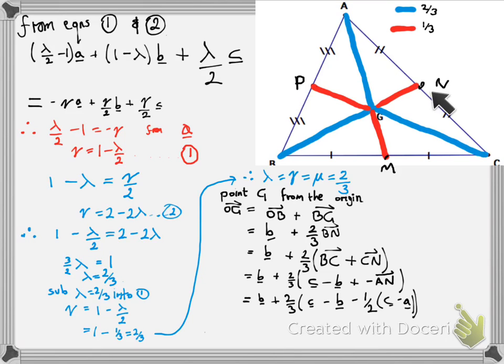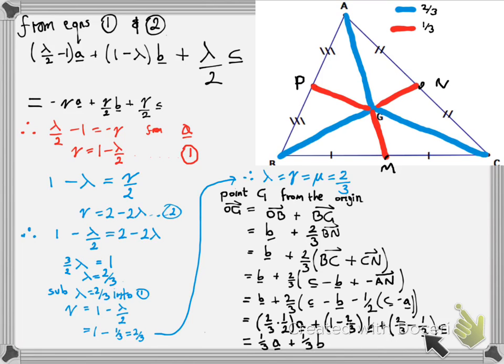That's negative AN, and we've got an expression for AN in the previous slide, and that is this, half of c take a. And we've put it all together there, and now we've got it in terms of b, c and a, and now let's simplify, collect the terms. That's the a coefficient, there's the b, and there's the c coefficient, and it all works out to be 1/3 each, 1/3, 1/3, 1/3. Excellent.